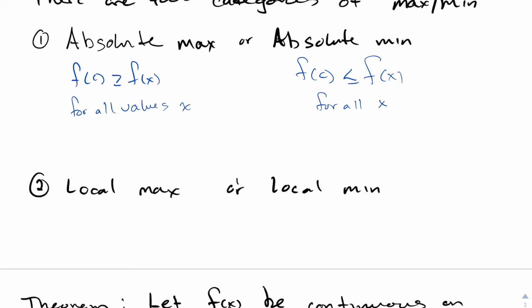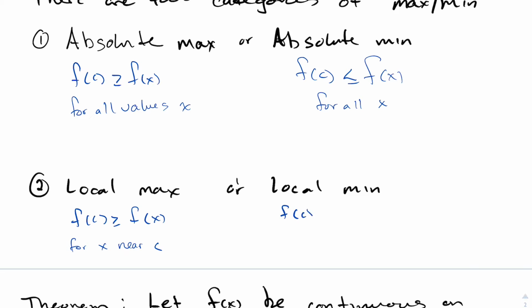And local max and mins are a little bit different, right? There's still going to be points for a local max where f of c is greater than or equal to f of x, but this is going to be for the x values just near c, right? They don't have to be the global or the highest point, but they have to be the highest point for its neighbors, for the x values around it. And we'll talk later about how we find that.